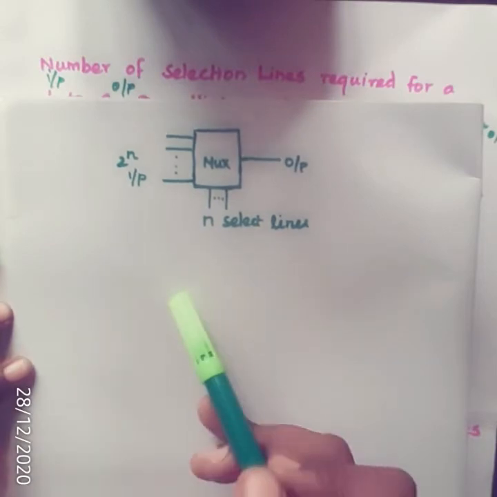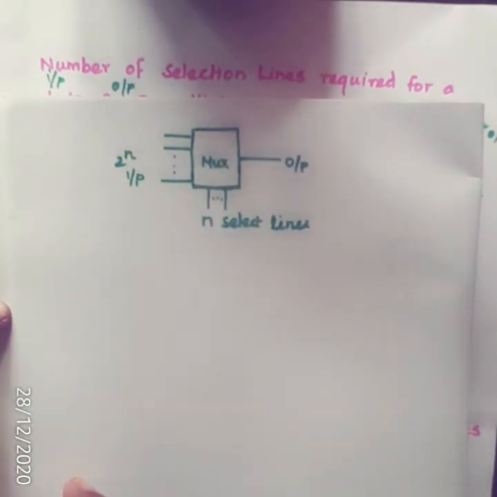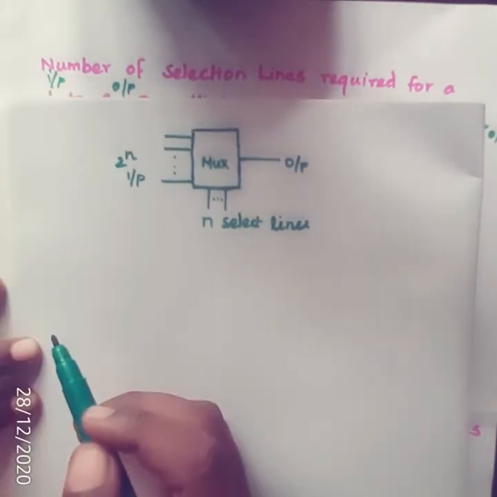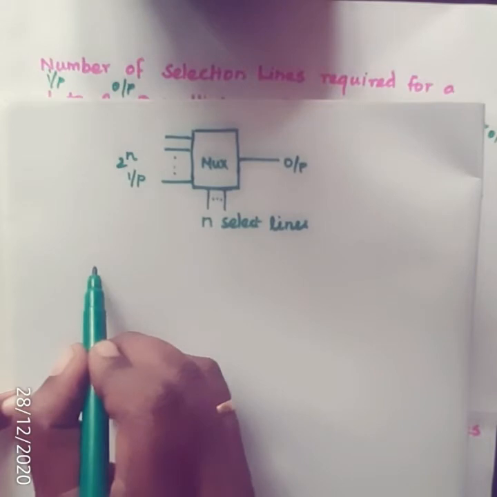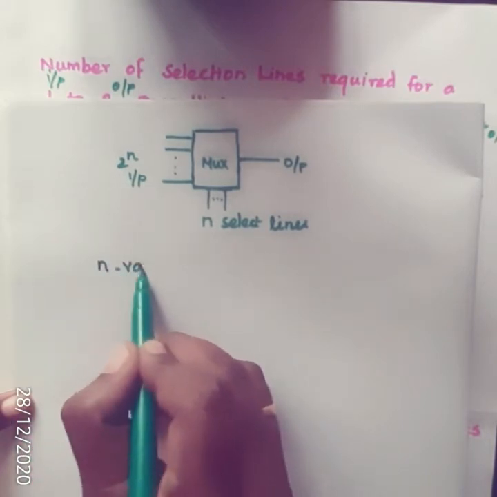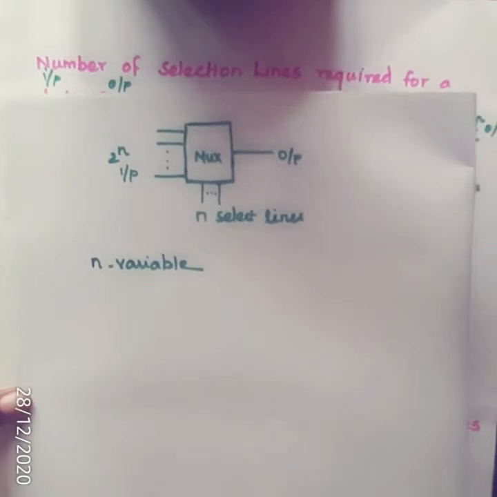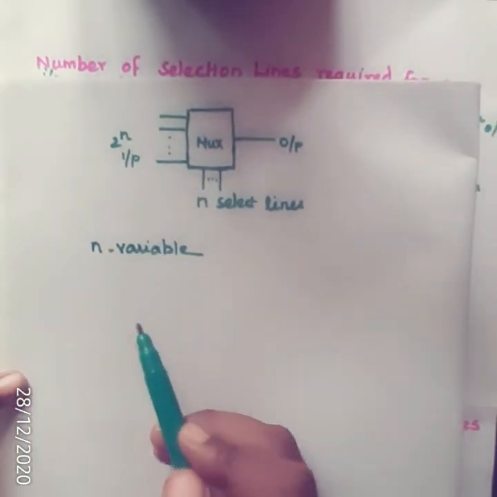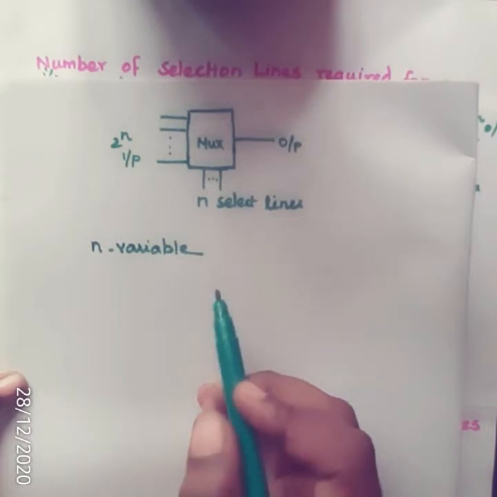Any Boolean function can be implemented by means of this multiplexer. If the Boolean expression is a function of n variables, you can implement it in two ways using this multiplexer.